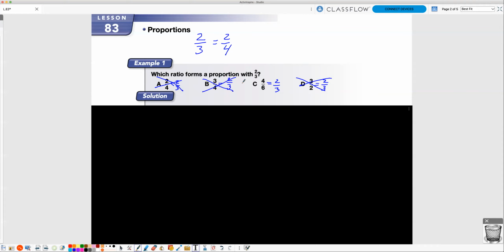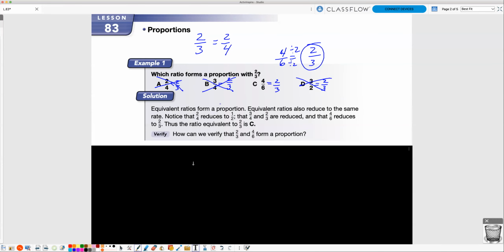So really, by process of elimination, you're going to end up with 4 to 6 is the same as 2 is to 3. This ratio, 4 to 6, would be reduced because you could divide both of those by 2. You'd end up with 2 in the numerator, 3 in the denominator. This is the ratio 2 to 3 that we were looking for.